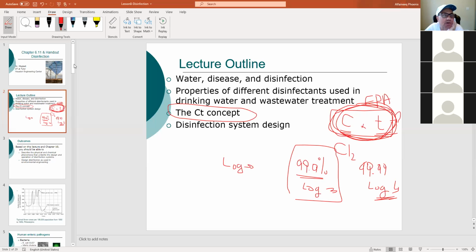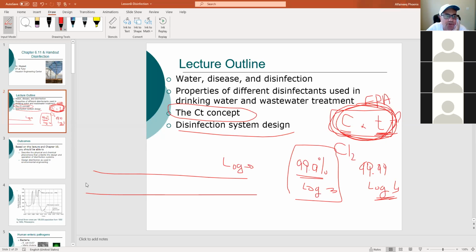Anyway, we'll go there, but most importantly, we are going to design the contactors because you need time. So you need to put your water injected with a disinfectant, let's say chlorine, and it must stay in that basin for a period of time. Well, it is a hydraulic detention time anyway, but it should be long enough.